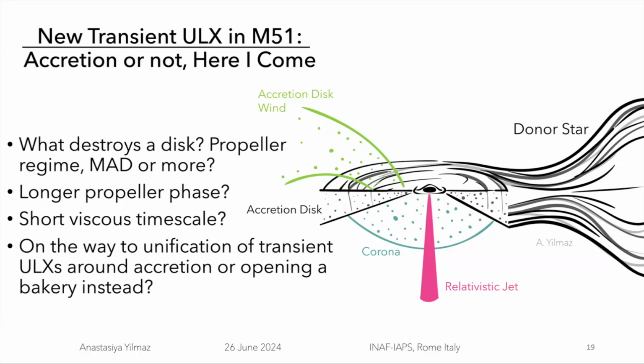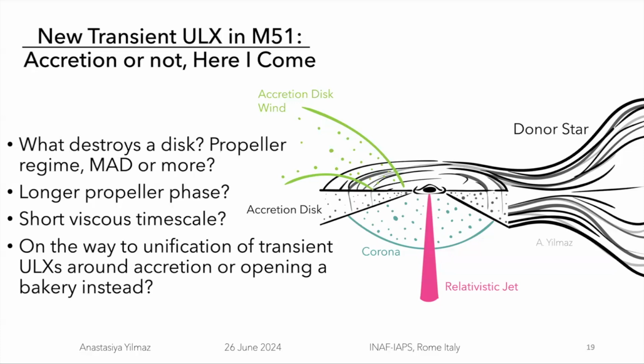So this might change depending on the choice of your accretion disk model. In this case, we might start questioning, okay, what exactly is the model that we need to choose for ULXs? But that's a whole other conversation that I might need to work on maybe a few more decades.